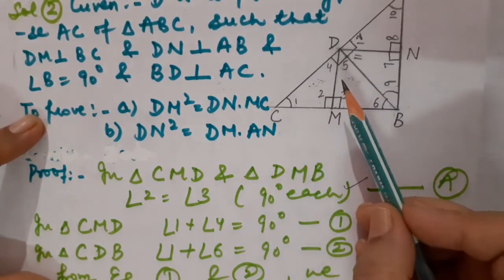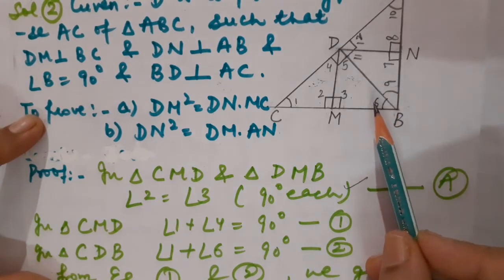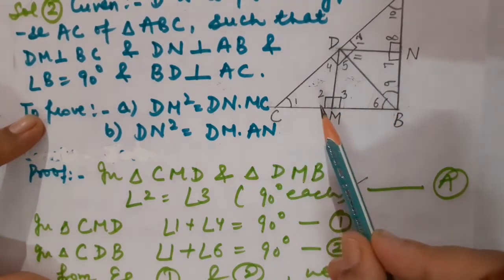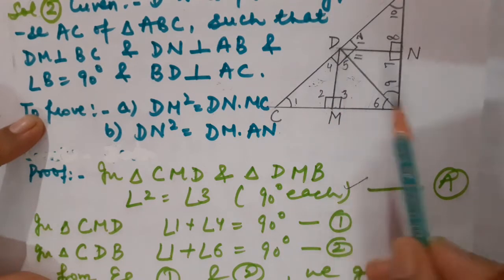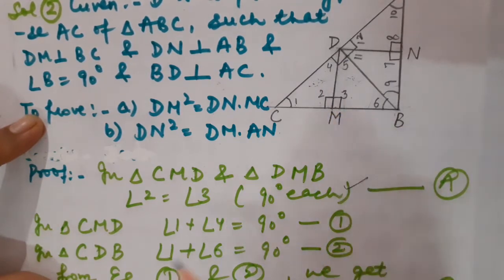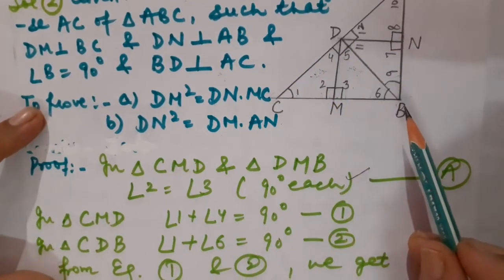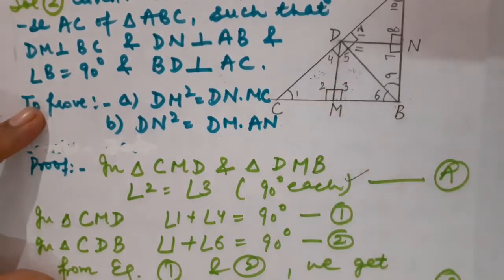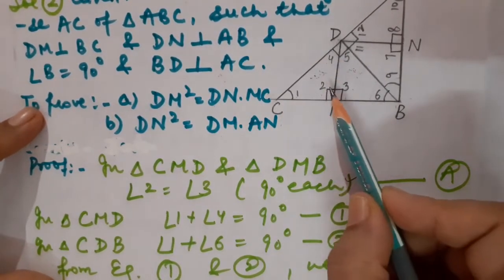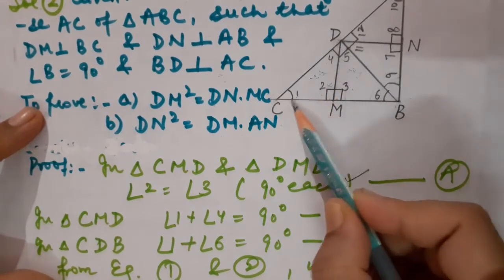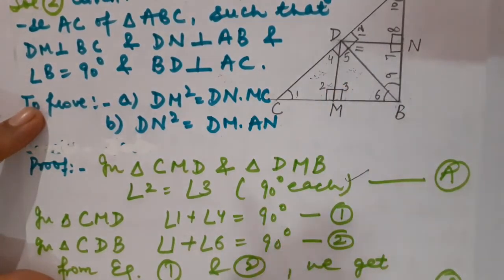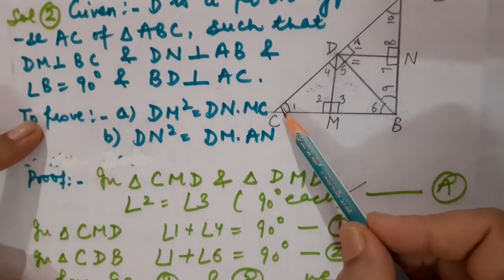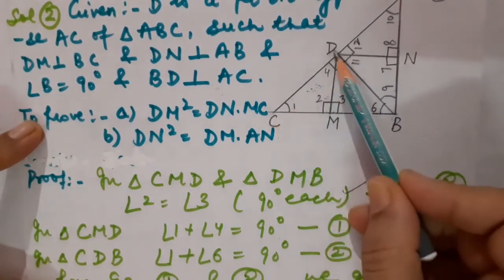For that I am going to apply the same concept. Other than 90 degrees, the sum of the rest of the two angles will also be equal to 90 degrees. Same concept I am going to apply in triangle CMD. So let us apply. Leaving angle 2, angle 1 plus angle 4 will be 90 degrees. Let it be considered as equation number 1. Correct? Now again I am going to apply the same concept in the bigger triangle.